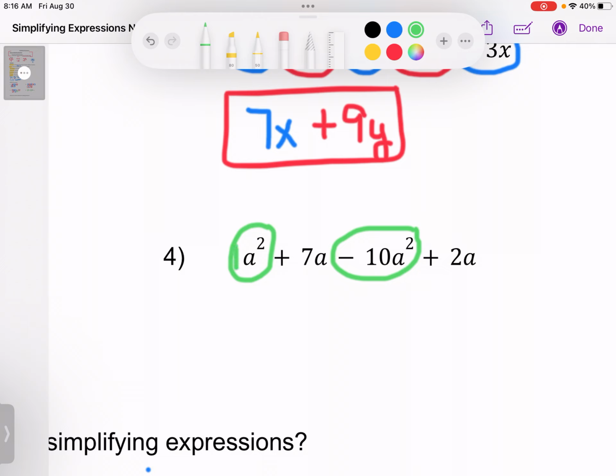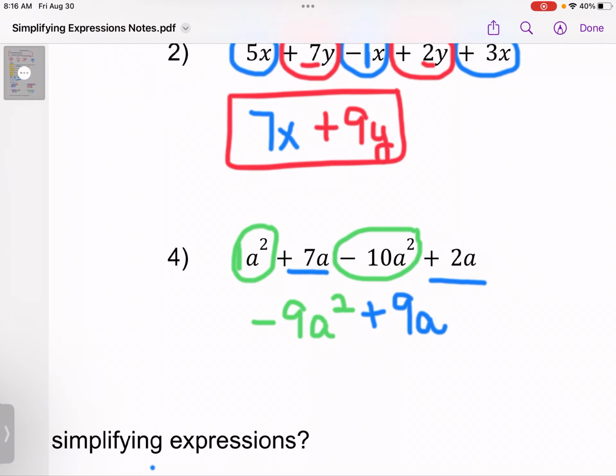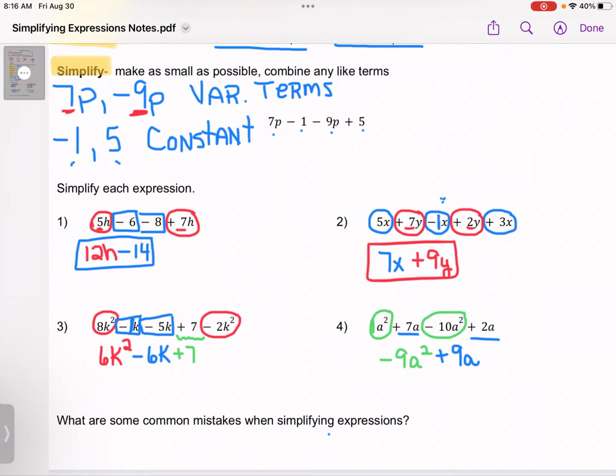Remember, this is an understood 1 minus 10, which would be -9a squared. And then we have 7a plus 2a, which is 9a. Okay, so now if you'll just go ahead and take a minute, answer the question down at the bottom, and then put these notes into your notebook.